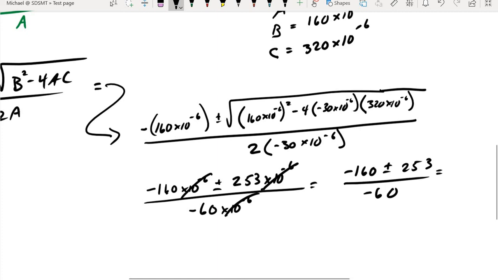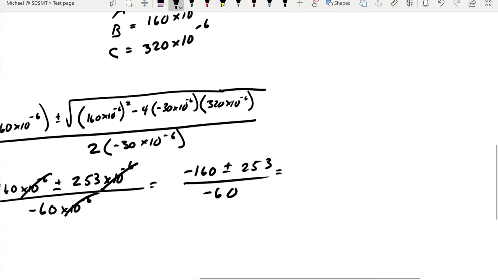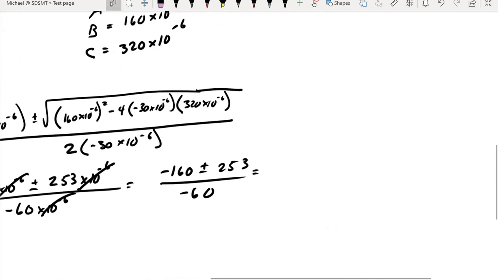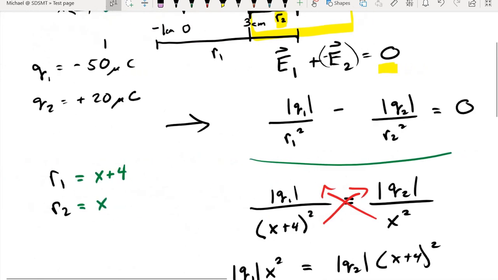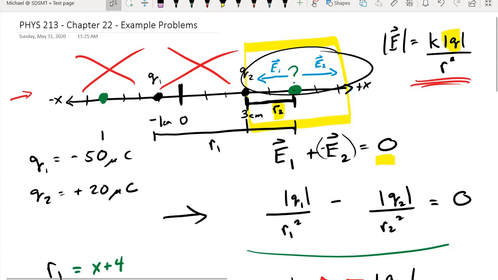And like any quadratic solution, you're going to get two answers. The question is, which of the two answers is a valid answer for our system? Well, remember that you're looking for something to the right of charge 2. So we need to get some number that is at least bigger than 3 centimeters.